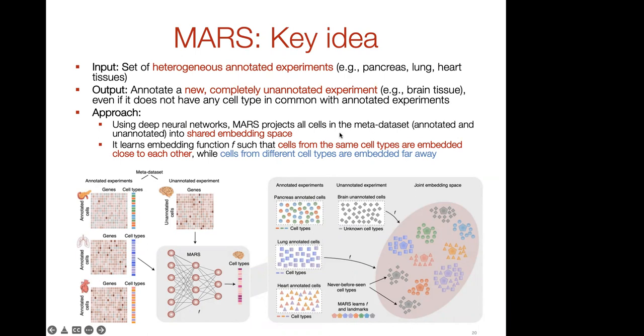So we refer to this collective data set as a meta data set. Learning this shared embedding space requires learning some parameterized function f, such that two cells from the same cell type will be embedded close together in that embedding space, and cells from different cell types will be embedded far away from each other.